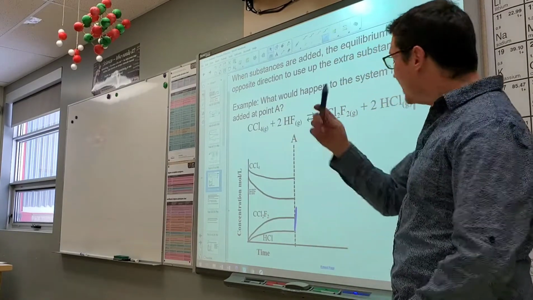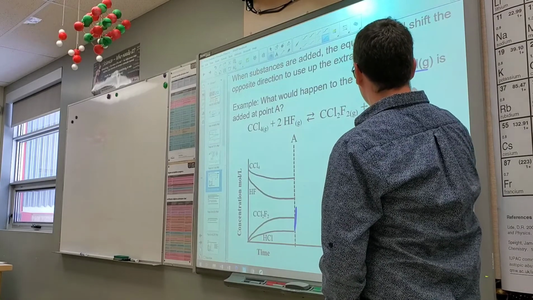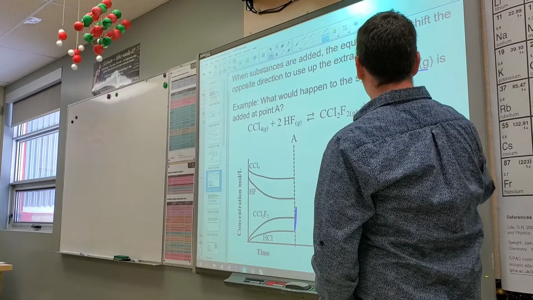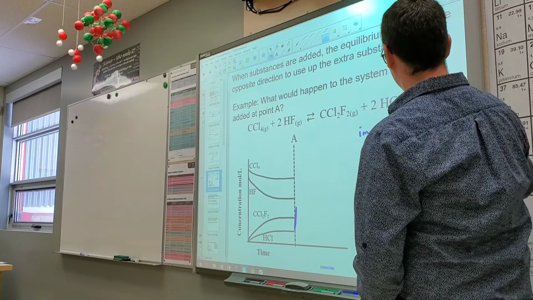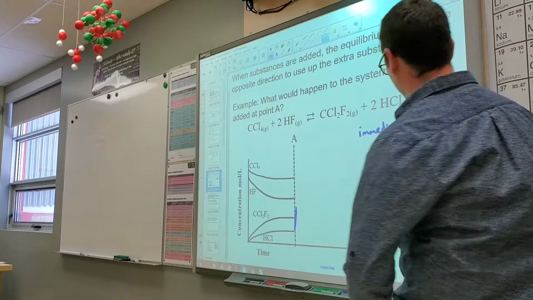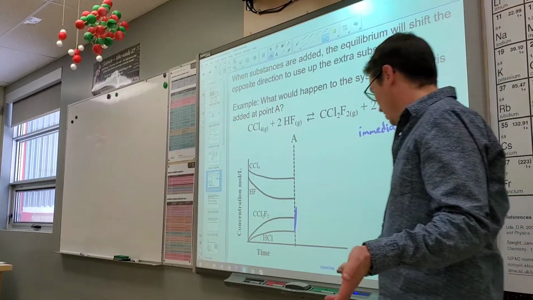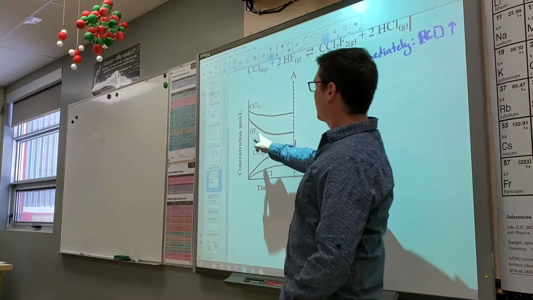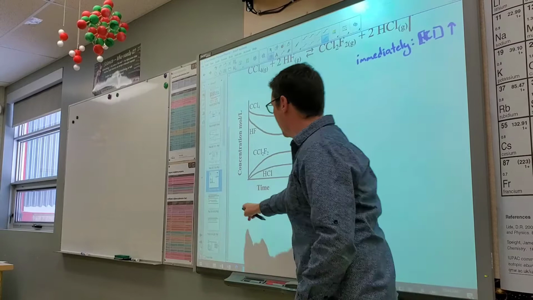So immediately, the concentration of HCl spikes up. Because I added HCl. Does that make sense? When I look at this graph, okay, our system slowly reaches equilibrium.